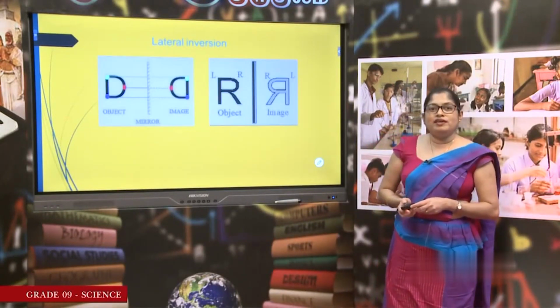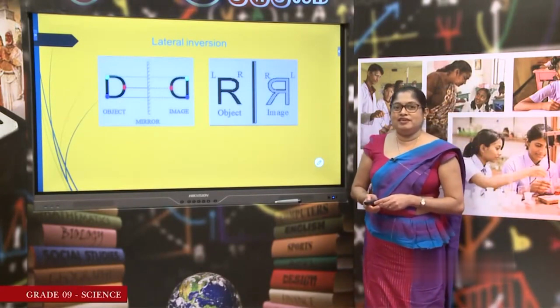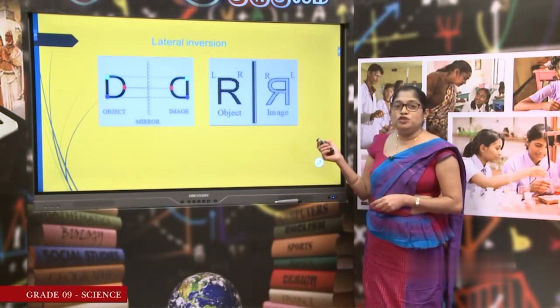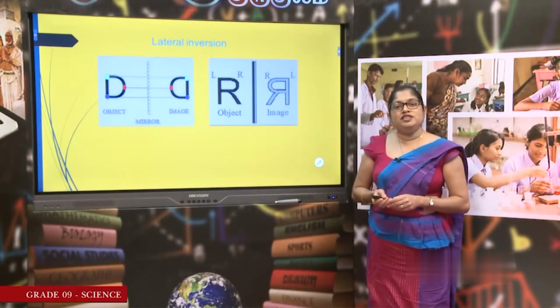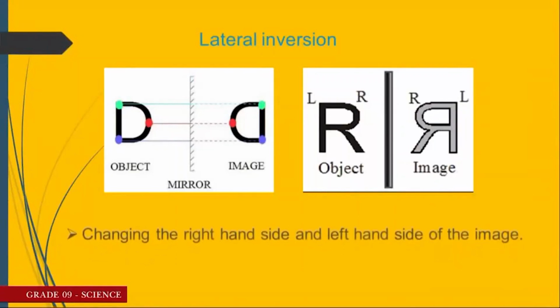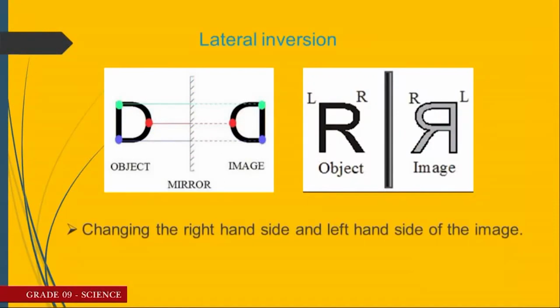Let us see what the lateral inversion is. Let me introduce two letters of the English alphabet to explain what the lateral inversion is. It is changing the right hand side and left hand side of the image.